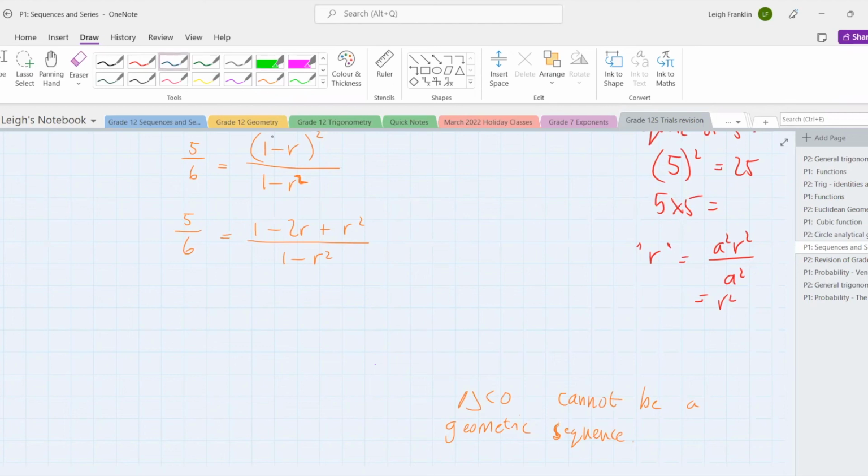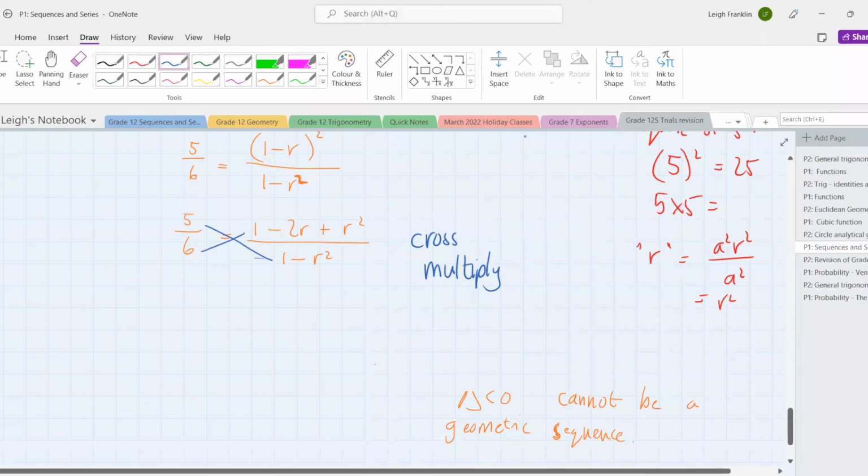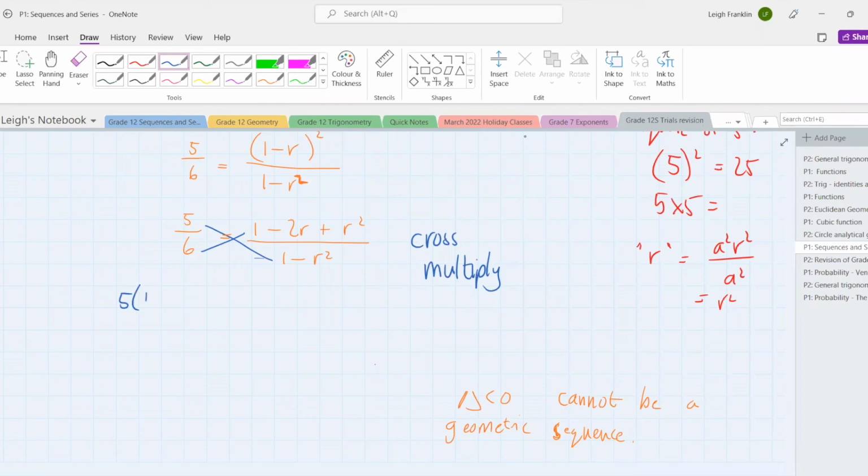I'm going to cross multiply to get stuff out of the denominator. I don't need to find an LCD because I'm not adding fractions. I suppose you can find an LCD, but it's going to be easier to cross multiply. So that's going to be 5 times 1 minus r squared is equal to 6 times 1 minus 2r plus r squared.